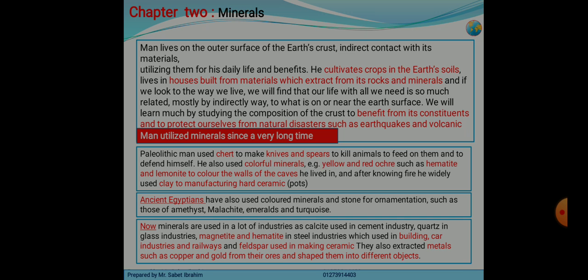And we use them to build cars and railways. Also, we use feldspar to make ceramic. And we extract metals such as copper and gold from the ores and shape them into different objects.